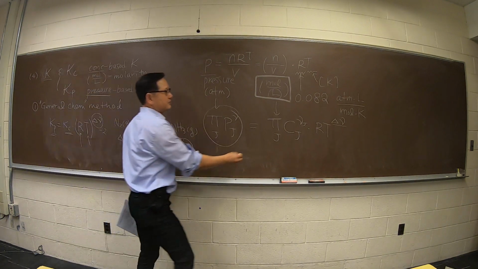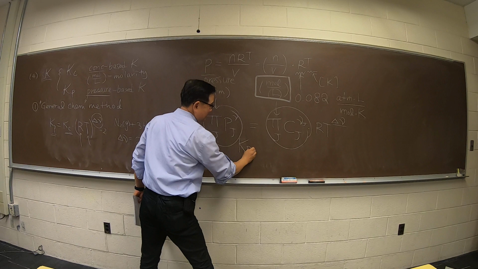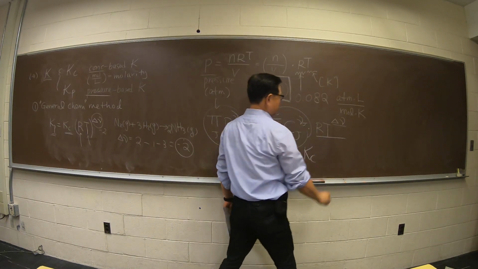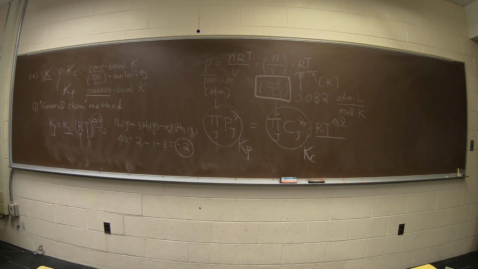And then this is what we call Kp, Kc, and this is the same term. So I can put that in. This is your general chemistry way of doing this. It's simple, it's good, and it's a little bit awkward.